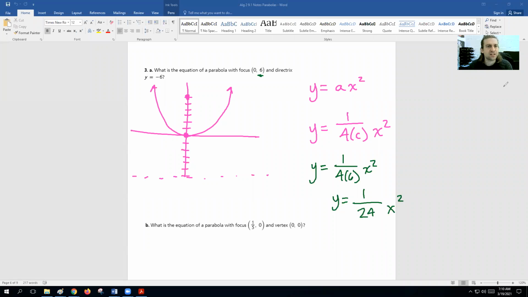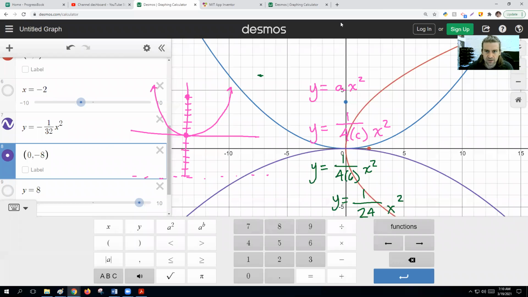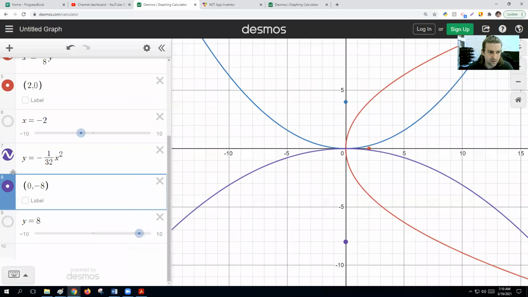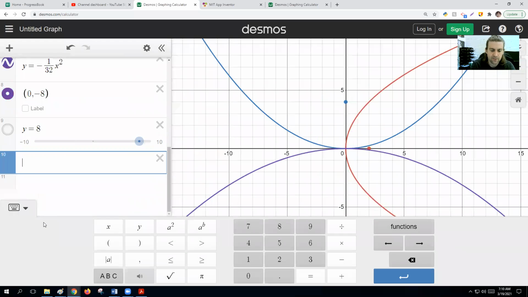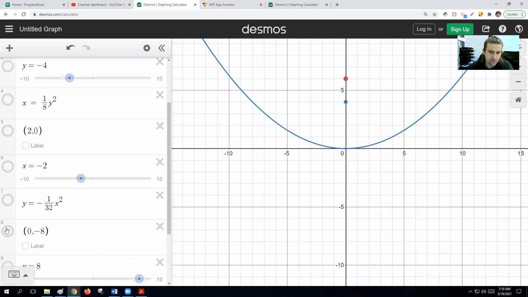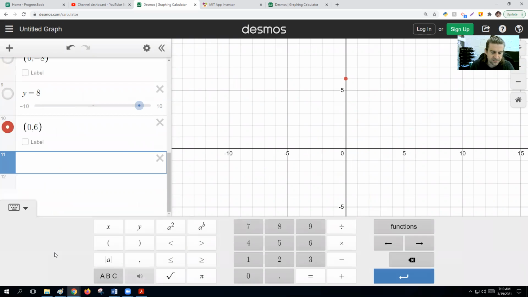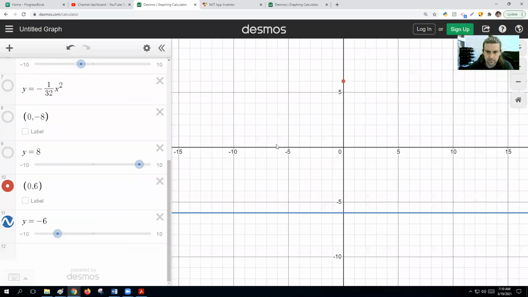Okay, let's double check that just on Desmos real quick to see if that works out. Go into Desmos here. I'll clear off my work here. All right, we said we had a focus at the point 0, 6. But you know what? Let me get rid of these other graphs. A directrix at the point y equals -6.